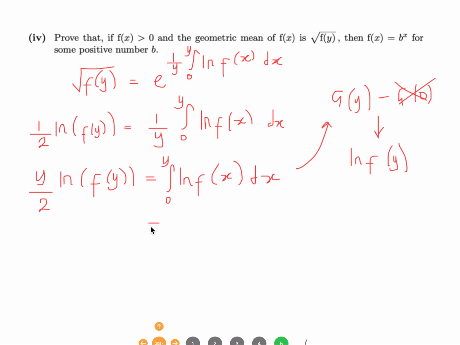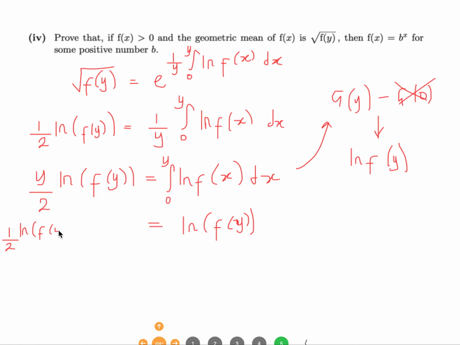Differentiating the right-hand side is actually a heck of a lot nicer than what we're about to do, which is differentiate the left-hand side. It's two functions multiplied by each other, so using our product rule, this would be 1/2 ln of f of y.